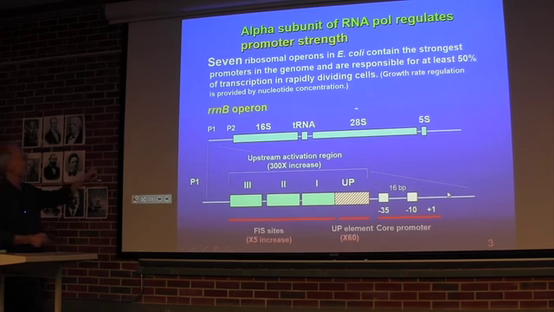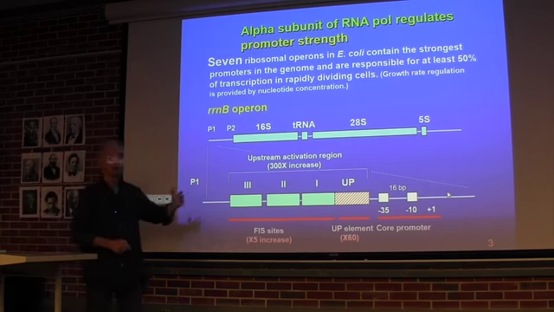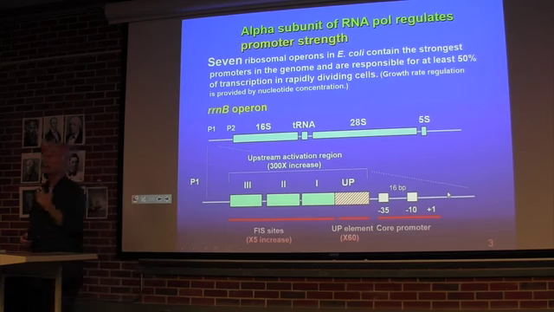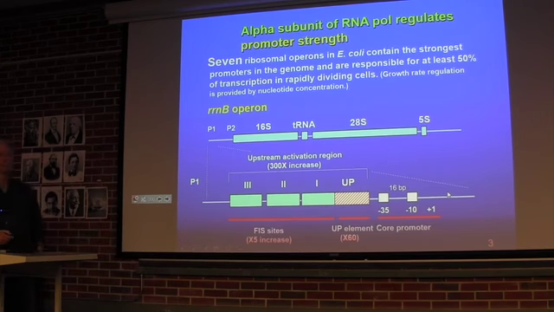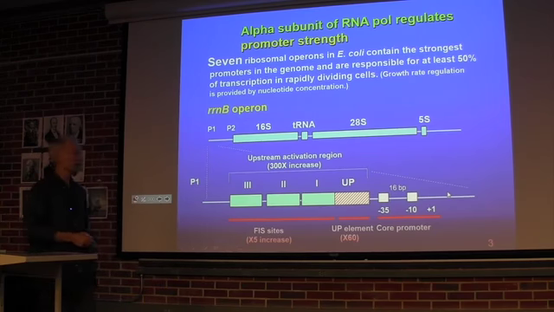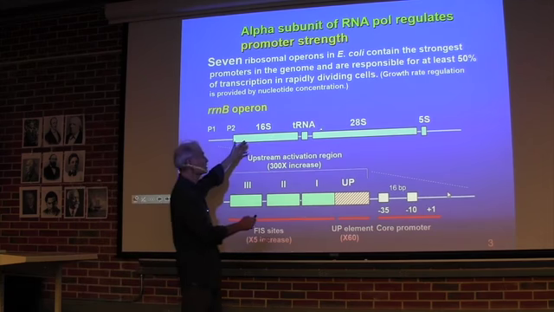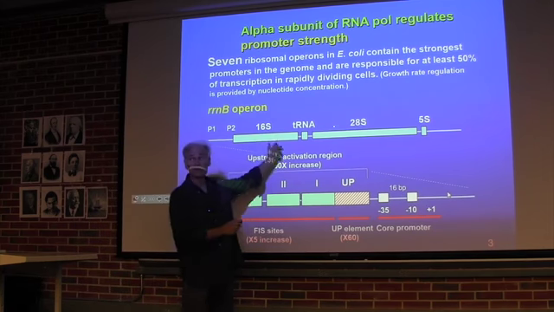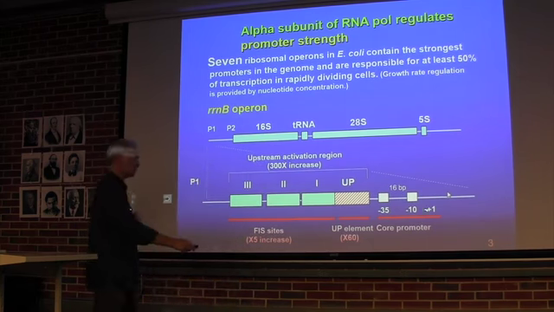This is the strongest promoter on the planet, the bacterial ribosomal cistron. This makes the structural RNAs for the ribosome, so you need a lot of these things. It's polycistronic, but it doesn't encode a protein. This is what the promoter looks like.